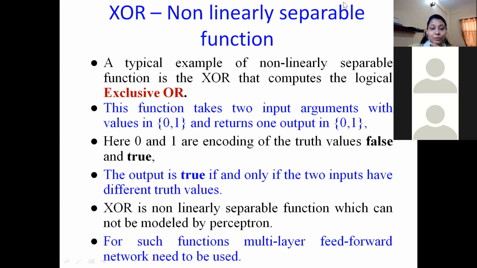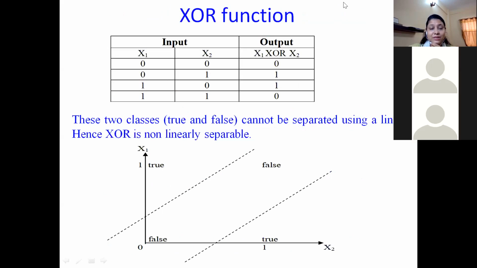For that reason, we need to draw the XOR function in graphical mode. This table represents the XOR function, where x1 and x2 are the inputs, and here we can expect four input combinations: 0,0; 0,1; 1,0; and 1,1.